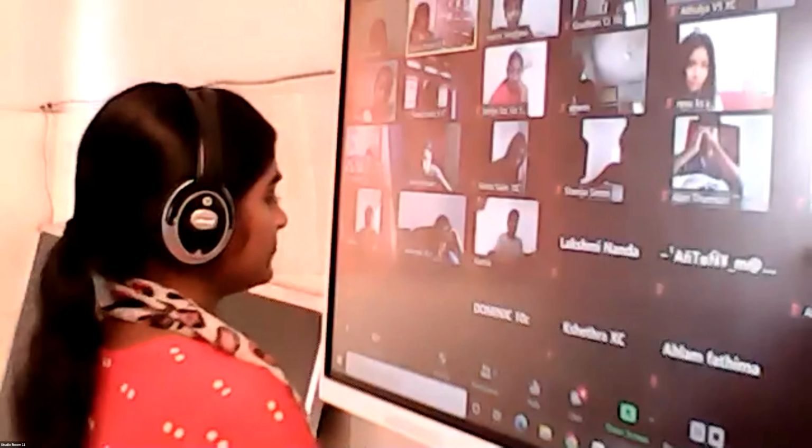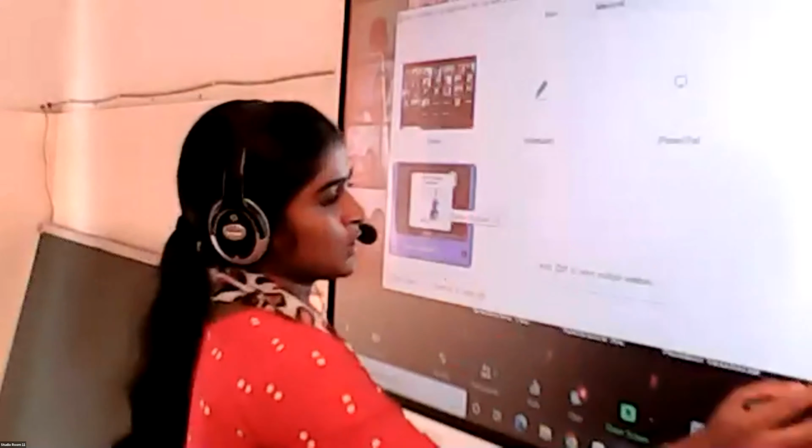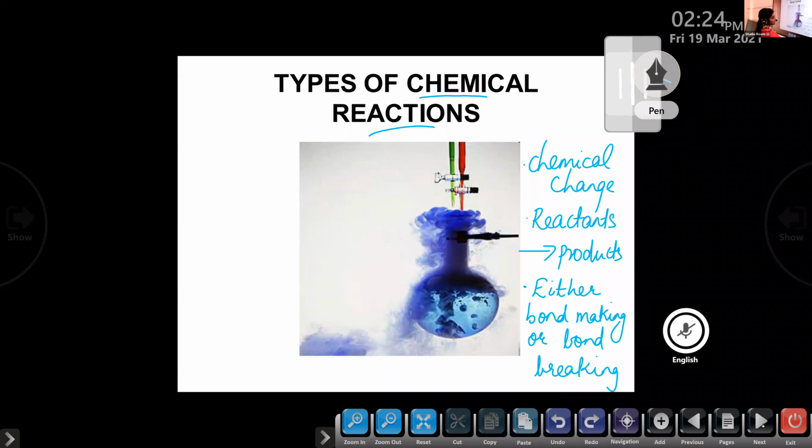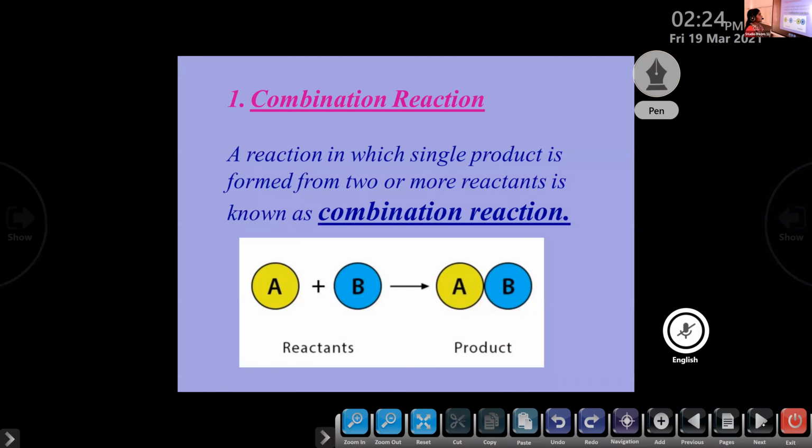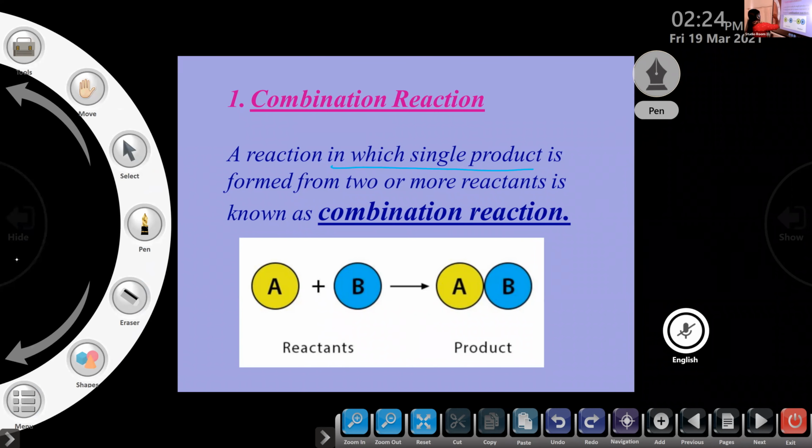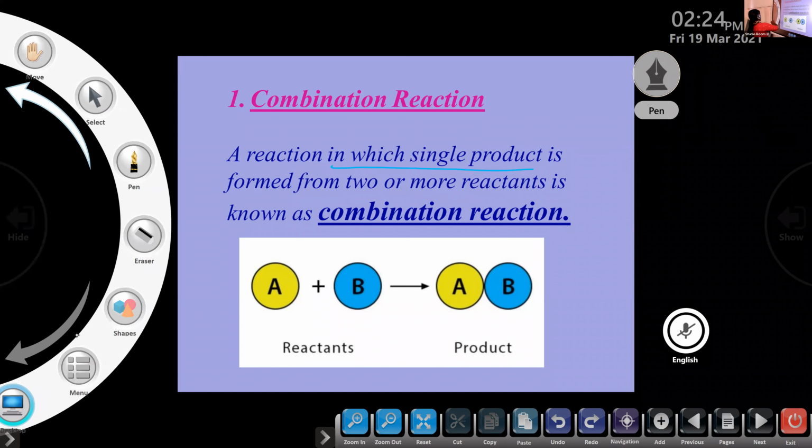This is the first type of reaction, combination reaction, in which a single product is formed from two or more reactants. Clear?